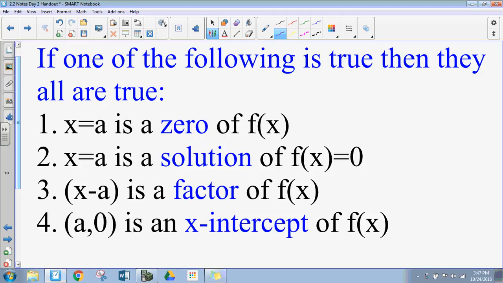Remember, x minus a equals 0 would be one of the factors, and then you would add the a, and you get x equals a. If you know a 0, then you can write it as a factor, x minus the 0. If you know the factor or anything else, one of those, then you know that x-intercept is also what a is. So it's a 0, the solution is an x-intercept, and you can write it as a factor. Another word we use is a root. Those are all things that you'll see.